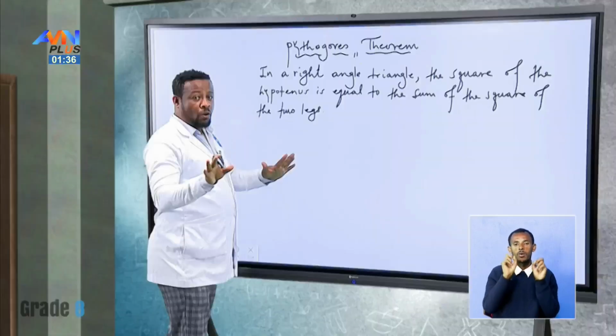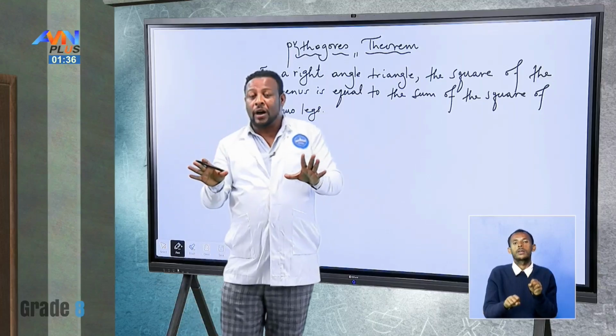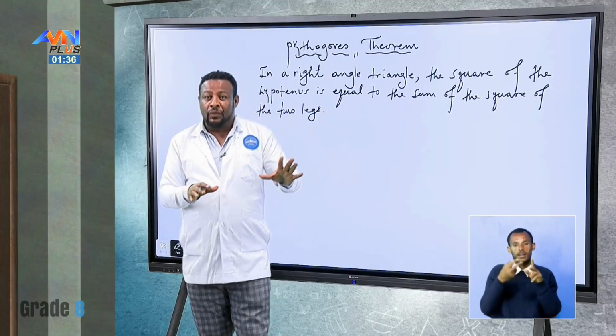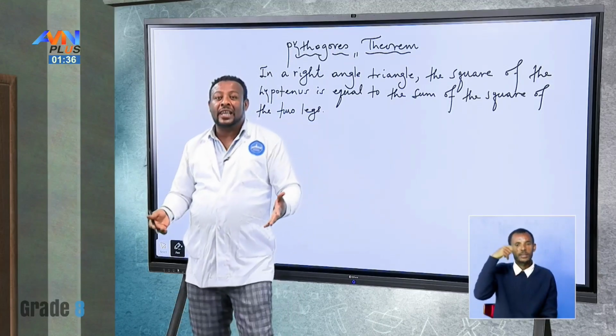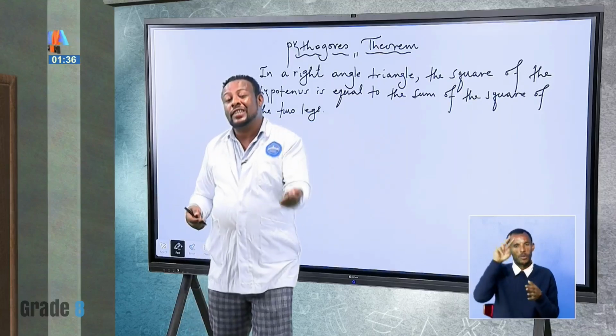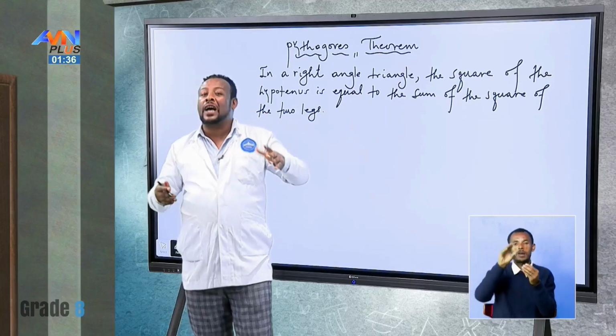So if you have a right angle triangle, Pythagoras theorem states that the square of the hypotenuse is equal to the sum of the squares of the other two legs.